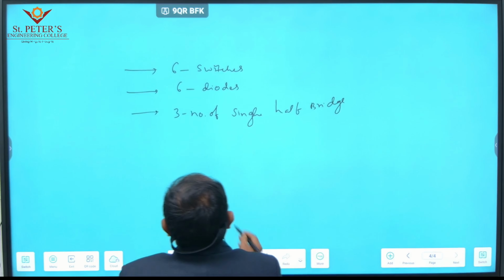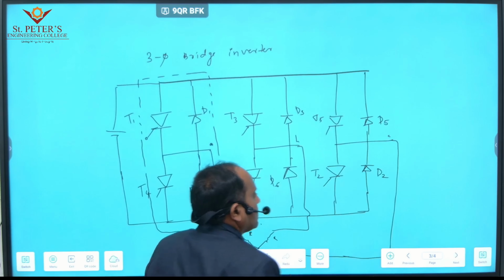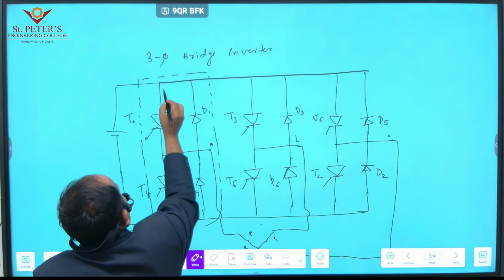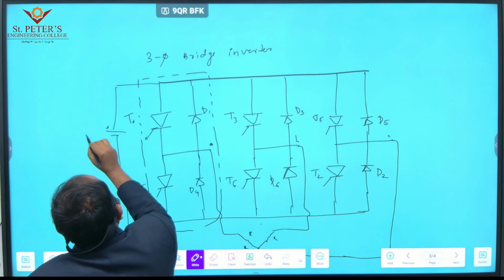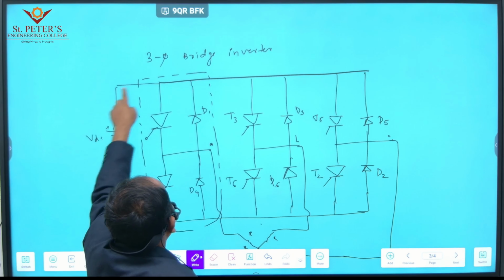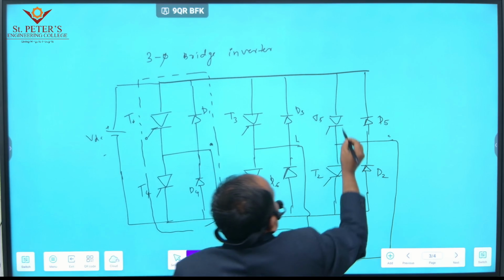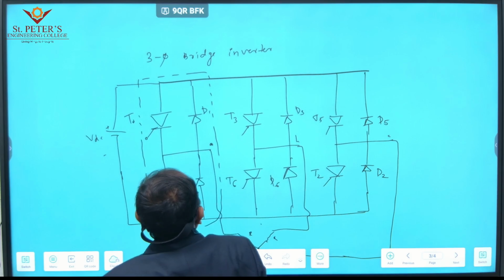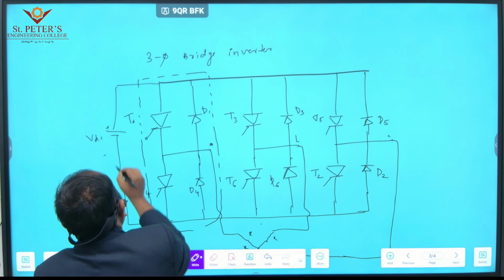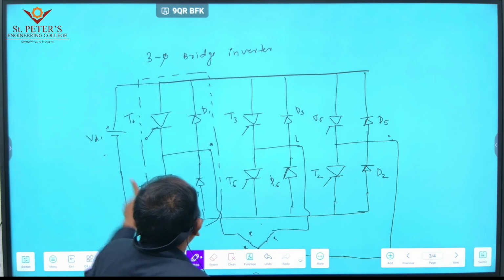Again, there are a total of six thyristors, or six switches. T1 is connected to the positive terminal of the battery, yes or no? T3 is connected to the positive terminal, and T5 is also connected to the positive terminal. At the same time, T4 is connected to the negative terminal, T6 also to the negative terminal, and T2 also to the negative terminal.